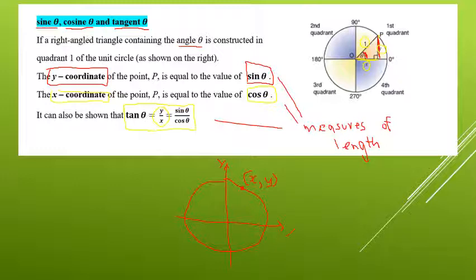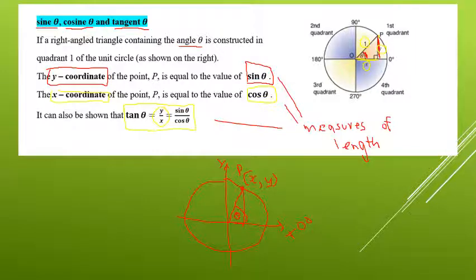This point here, which we're going to call P also, the angle made going up to P from starting at 0 degrees over here makes a triangle.